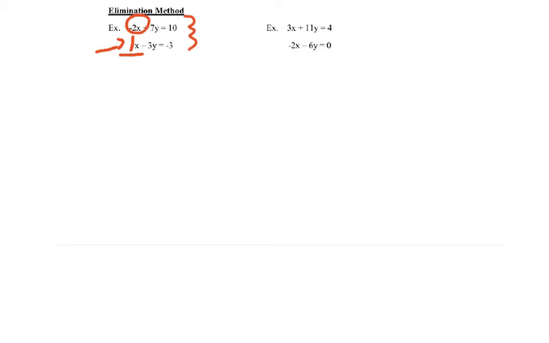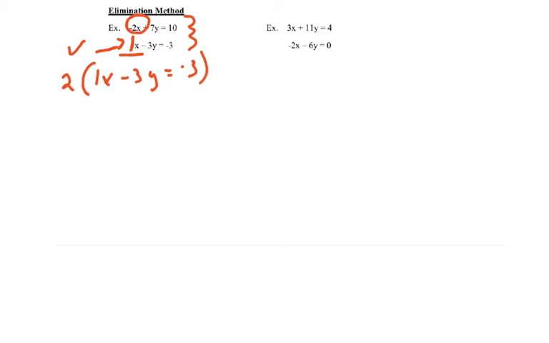Let's take this first equation that I'm pointing at here, the 1x minus 3y equals negative 3. And let's say that we multiply that entire equation by 2. So again, let me just show you. We're going to take that entire equation, 1x minus 3y equals negative 3, and we're going to multiply it by 2.